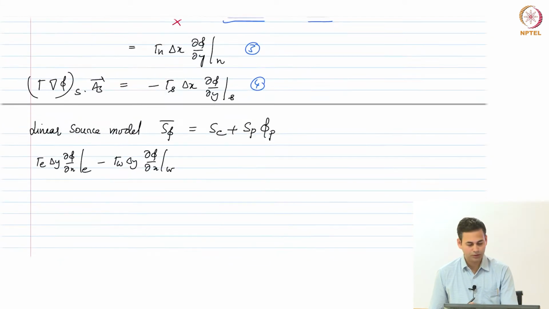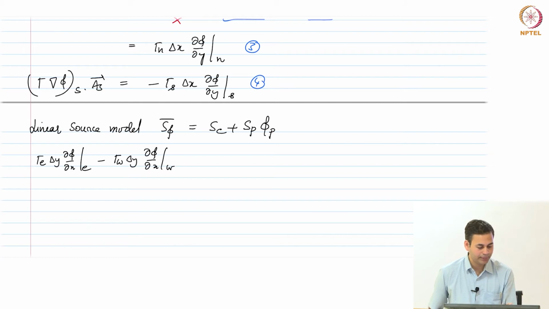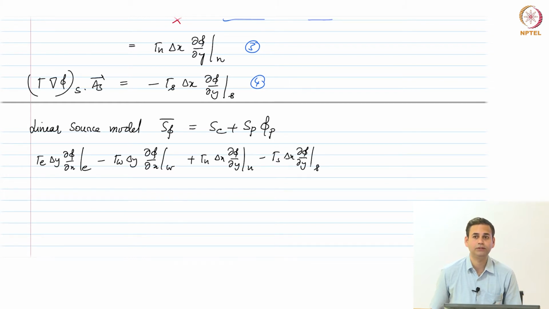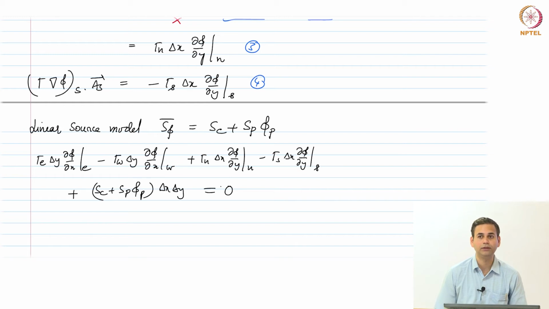This would lead to plus gamma north delta x partial phi partial y on the north face minus gamma south delta x partial phi partial y on the south face, plus SC plus SP phi p times delta V, which is delta x delta y, equals 0. Is it correct or any mistakes in here?